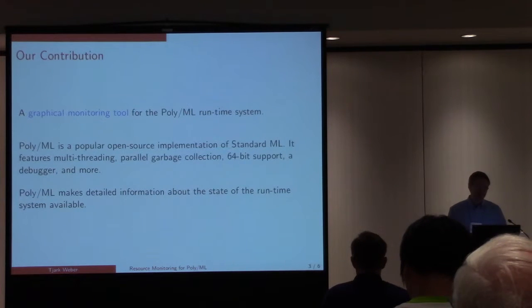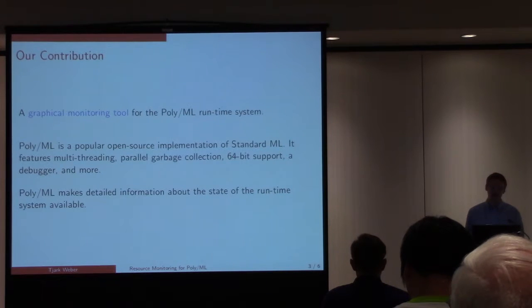This presentation is about a graphical monitoring tool for the Poly ML runtime system. We already heard this morning that Poly ML was one of the earliest Standard ML implementations, and nowadays it's arguably one of the most advanced ones as well.